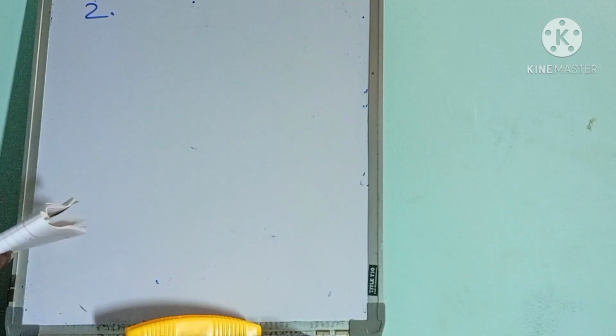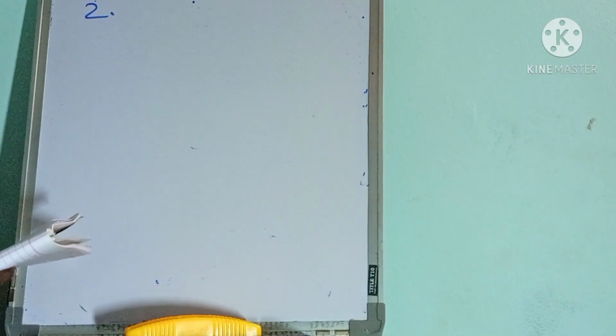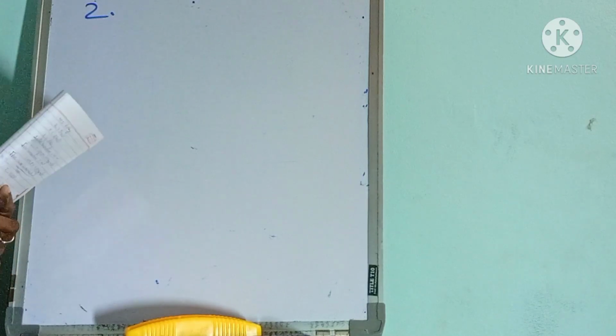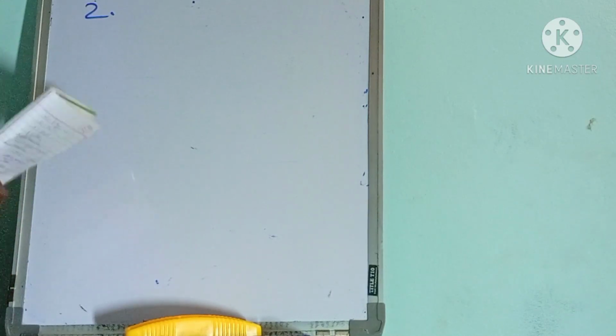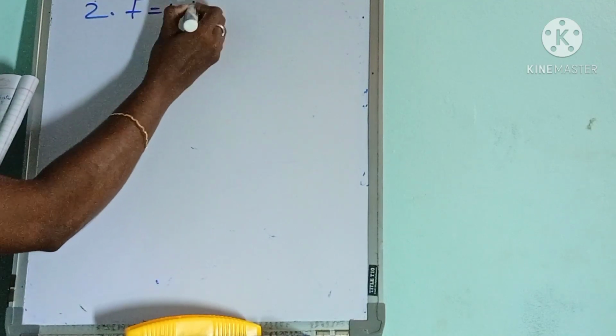Next, the second question is: a force of 100 Newton acting on a certain mass for 4 seconds gives it a velocity of 20 meter per second. Find the mass of the body if the body was initially at rest. Here a force of 100 Newton, so F is given as 100 Newton.